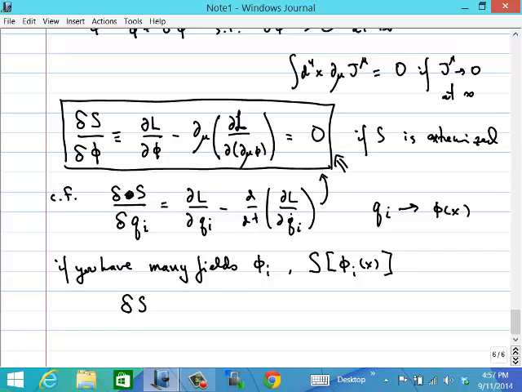And then the equations of motion will just say that the variational derivative of S with respect to phi I must be equal to 0 for each value of I.